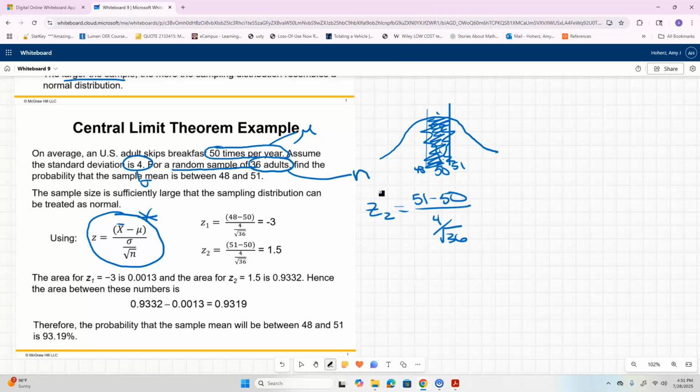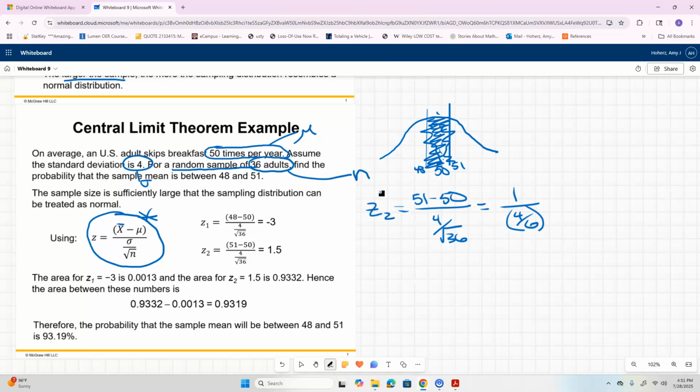Again, I'm plugging into this formula. So x bar is 51 minus 50, which is the mu, over 4, which is the sigma, the standard deviation, over the square root of the sample size, which is 36. So in this case, that gets us 1 over 4 over 6.